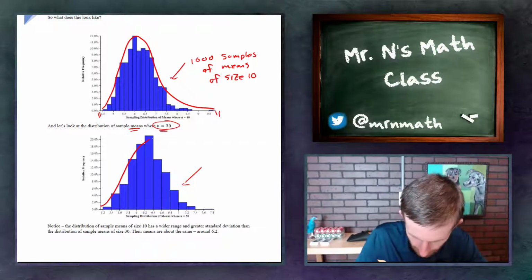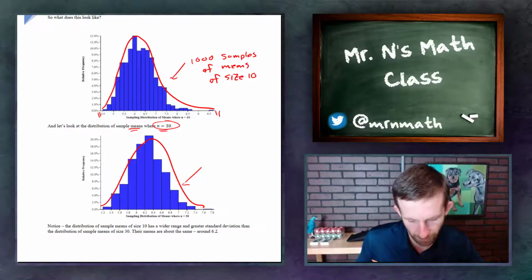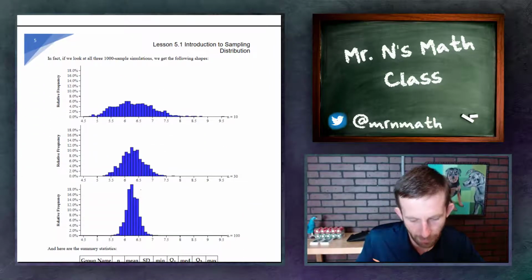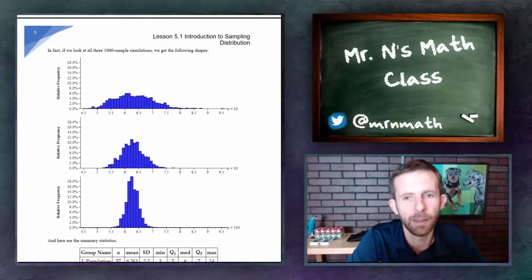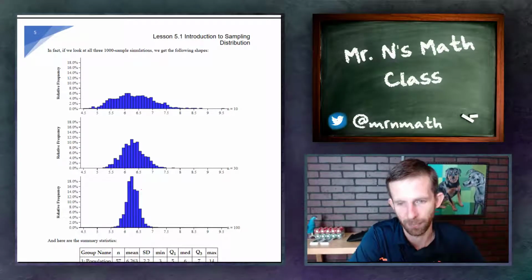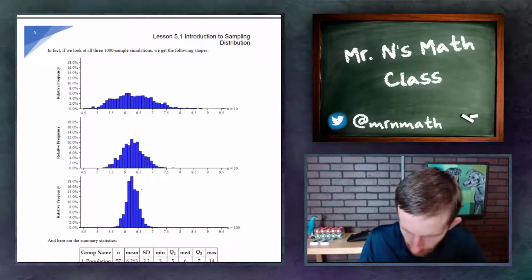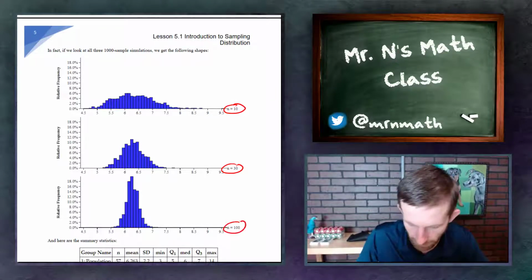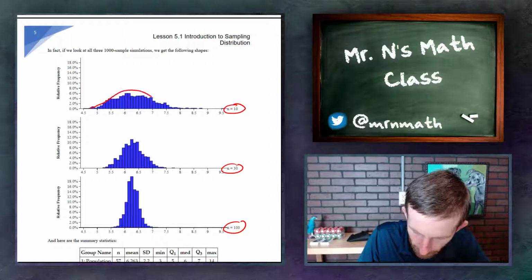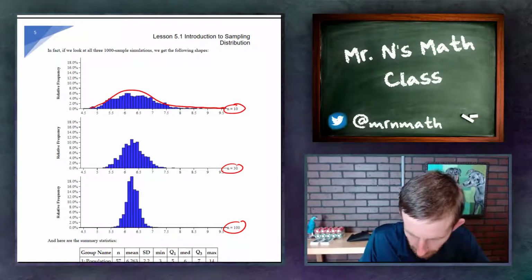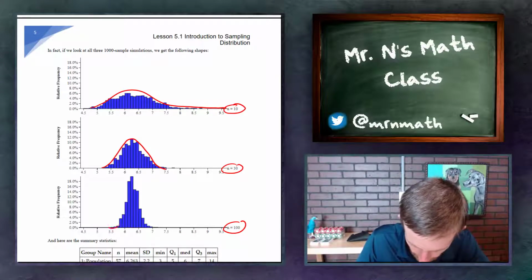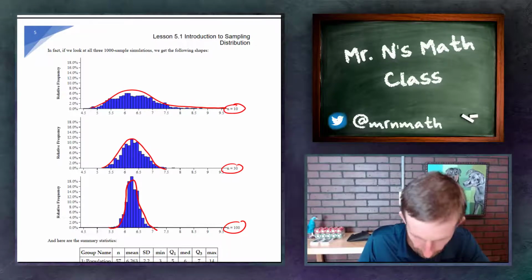Notice this is a lot closer to being normally distributed. Now, if we look at all three 1,000-sample simulations, here are the shapes for sizes 10, 30, and 100. Notice the shape of this one is a little skewed to the right. This one's a little bit closer to being approximately normal, and this one's fairly normal.